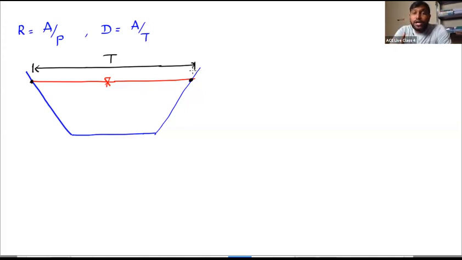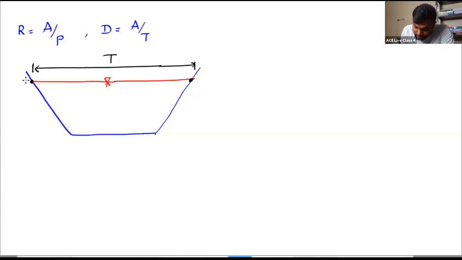I'm repeating the point: you try to inscribe a rectangle and a triangle without a change in the top width. So if I draw a rectangle, top width should be the same. If I draw a triangle, top width should be the same.